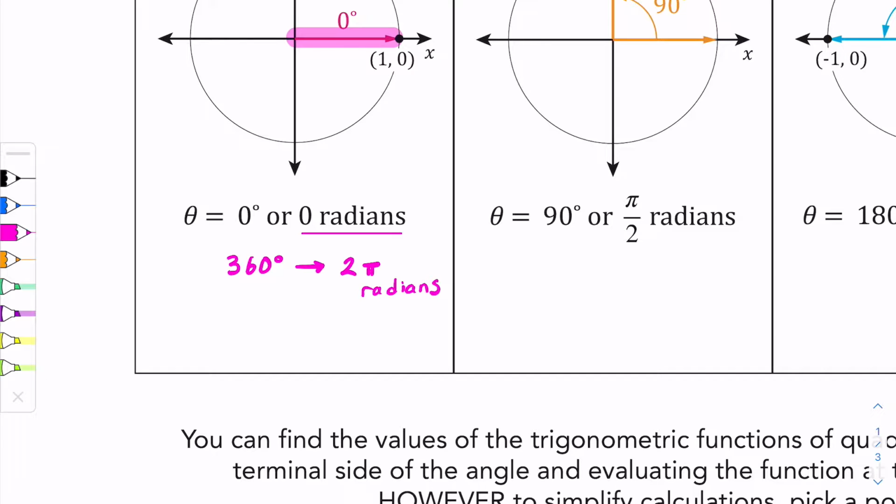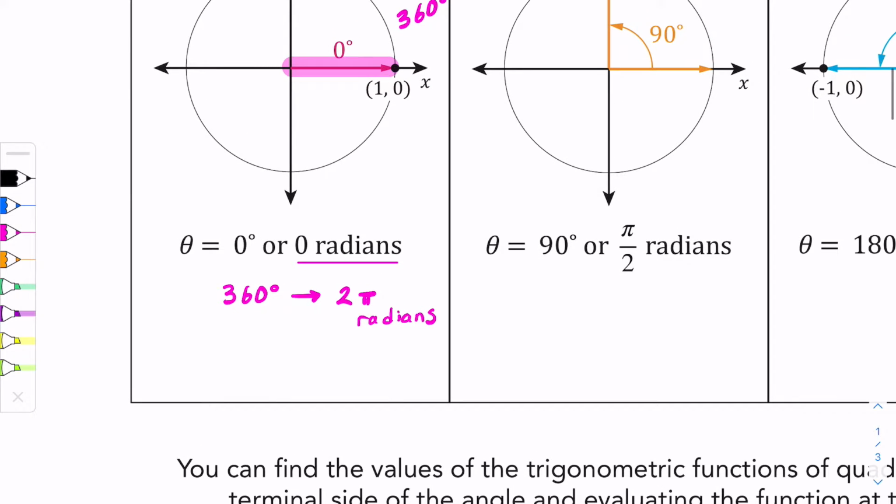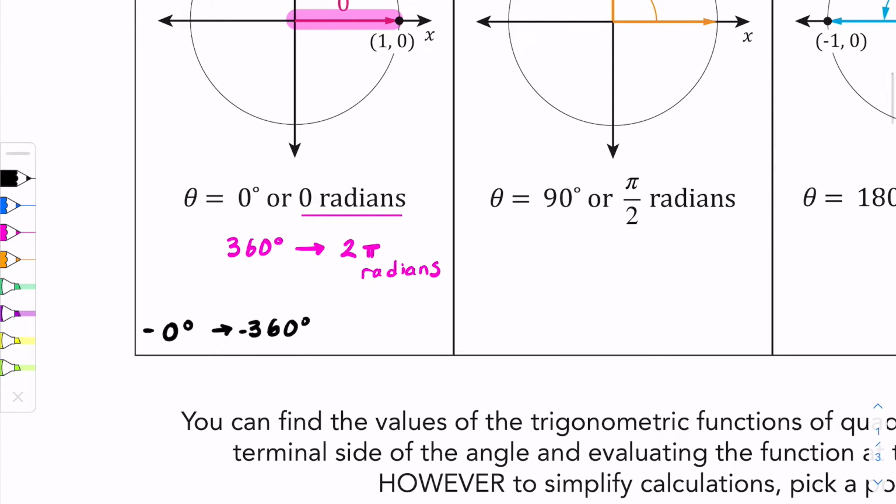If you were to reference the negative angle, like I mentioned, you would have negative 0 degrees, negative 360 degrees, or you would have negative 0 pi or negative 2 pi. So those are your options for negative values in this angle location.